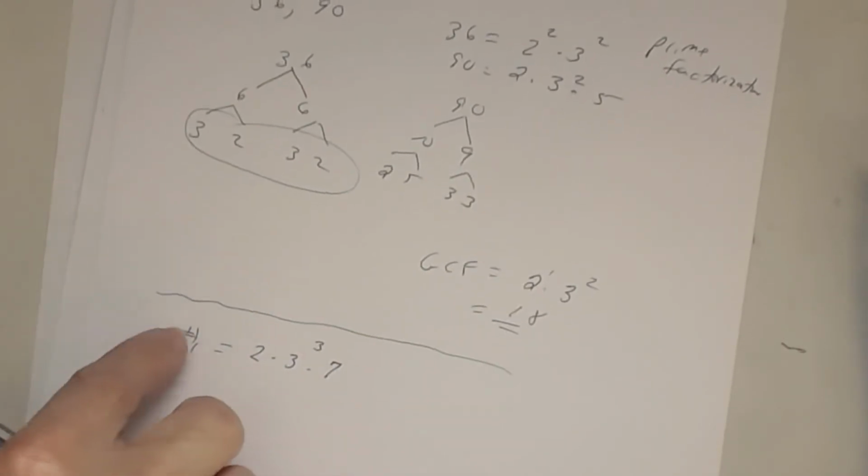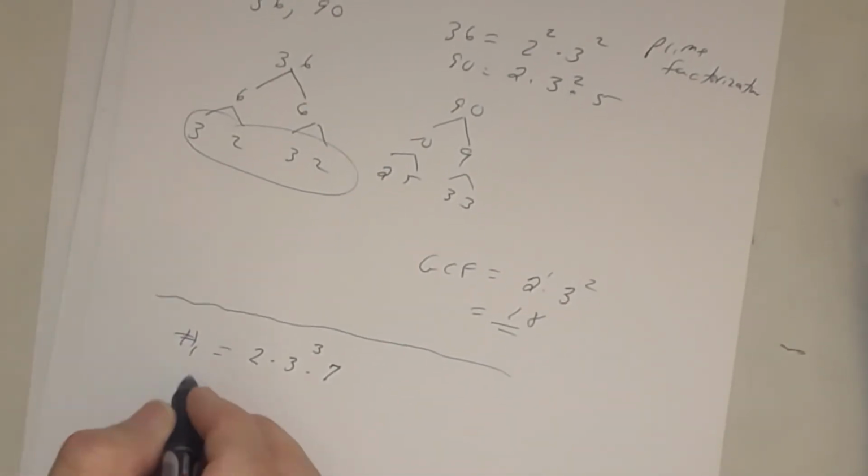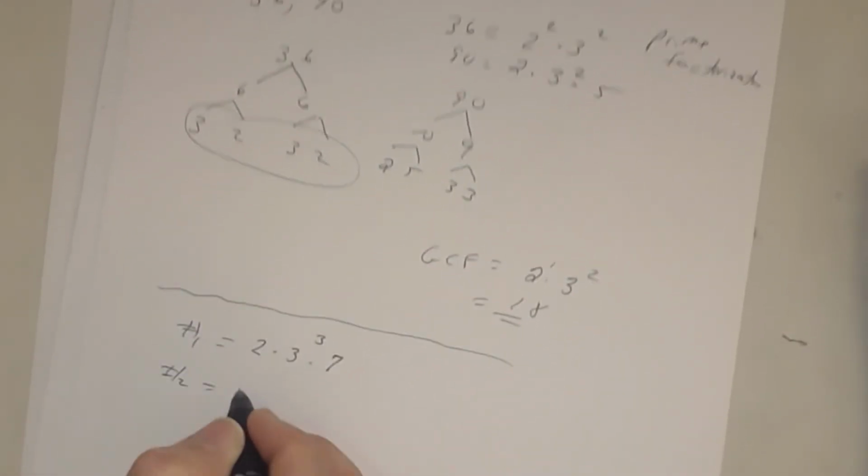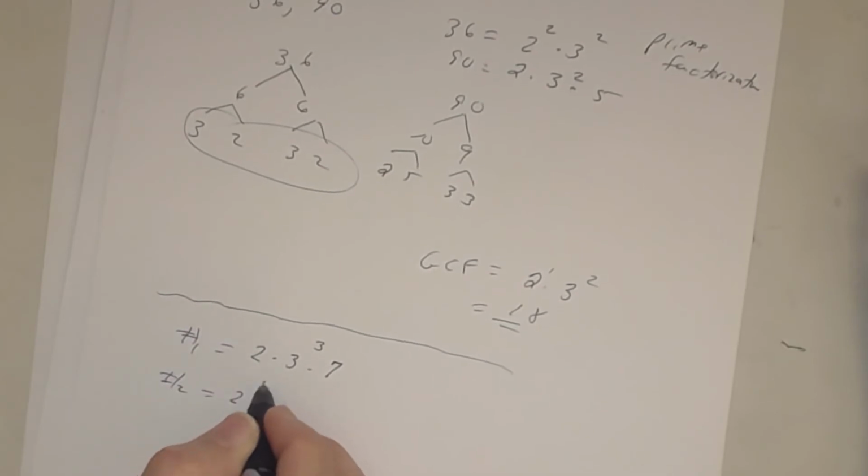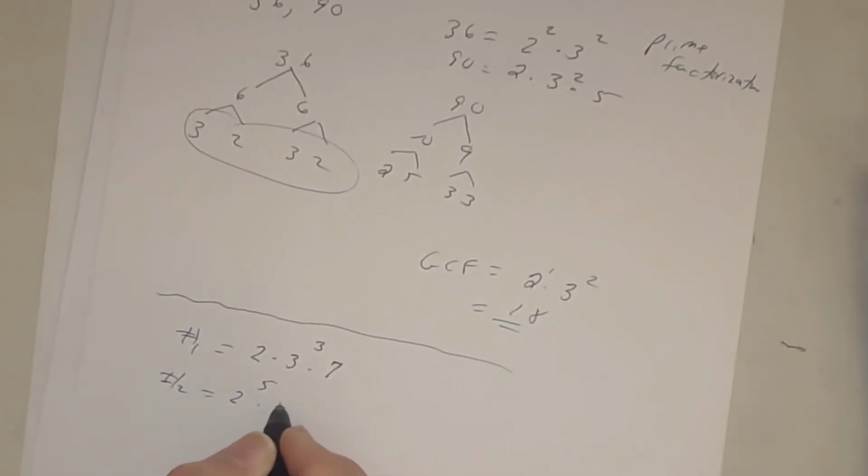Number 2, let's say, has this prime factorization: 2 to the 5th times 3 squared. Let's say that's all we had.